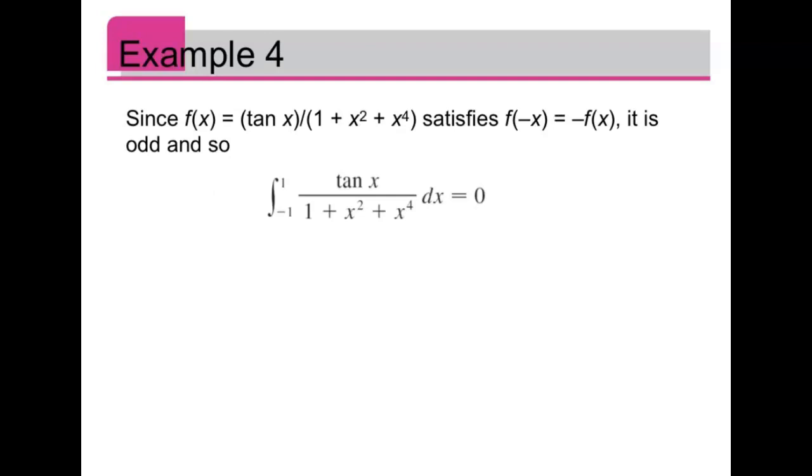You guys know what that looks like off the top of your head? No. But we can show that when I plug in a negative x for tangent, tangent is odd. So knowing that it's an odd function and I'm taking it from -1 to 1, I can right away say that it's going to be 0.